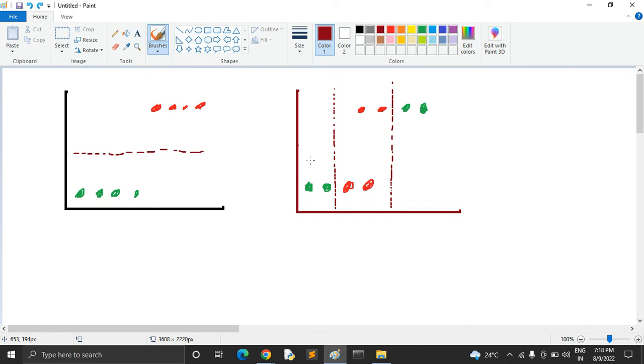But let me know, is it clear why we need a decision tree and what exactly it does? I repeat, a decision tree creates multiple decision boundaries, or hyperplanes, based on multiple features in order to correctly classify your data without having more impurities in it. Is that clear, guys?